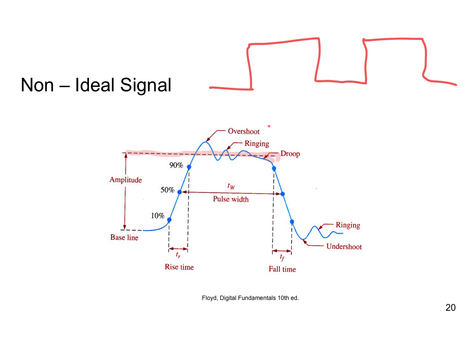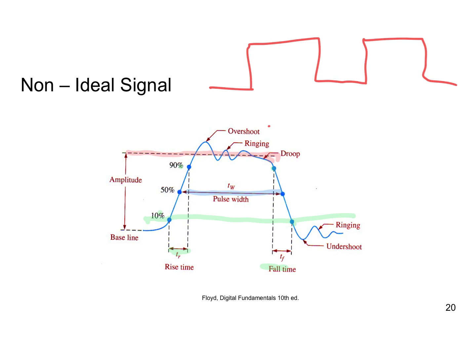Then you can have undershoot, where it goes below and then oscillates a little bit. All this is caused primarily by capacitance and inductance in the wiring, and the higher the signal frequency, the more pronounced the effect. The rise time is taken from the 10 to 90%, the fall time from the 90 to the 10%, and right in the middle, the pulse width by convention is taken at 50%.